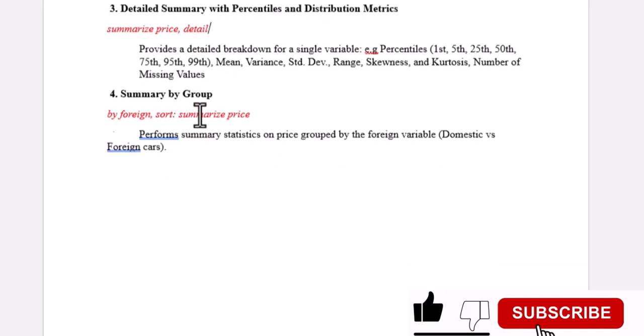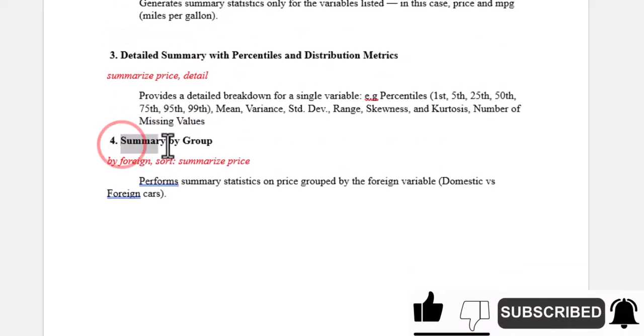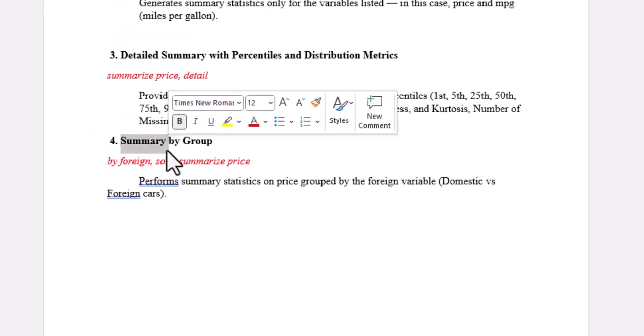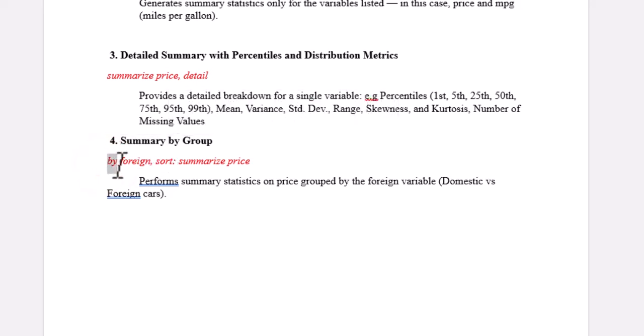And then the last one will be to summarize by groups, how to do summary statistics in different categories or groups. For instance, you can write by foreign, sort, and then summarize price, whereby you are categorizing in the groups of the foreign variable.